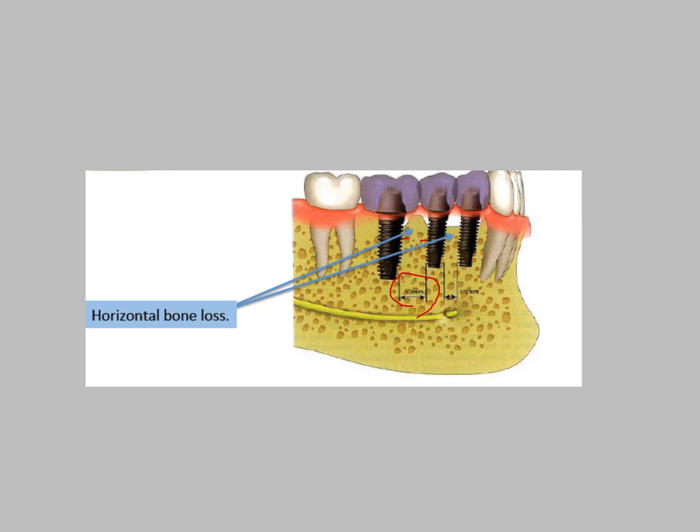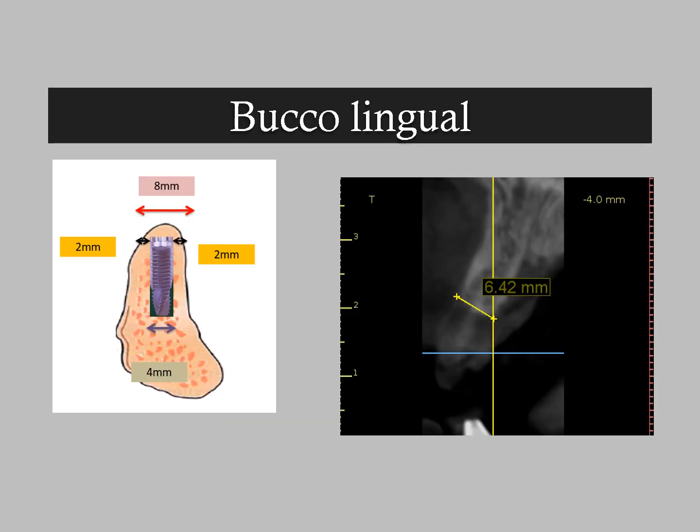What else? It's buccolingual. Yes, as we said, the implant needs 3 dimensions: mesiodistal between teeth, buccolingual between the buccal plate of bone and the lingual plate of bone, and we need to know cervical, as any object in the world has 3 dimensions, or 3D.